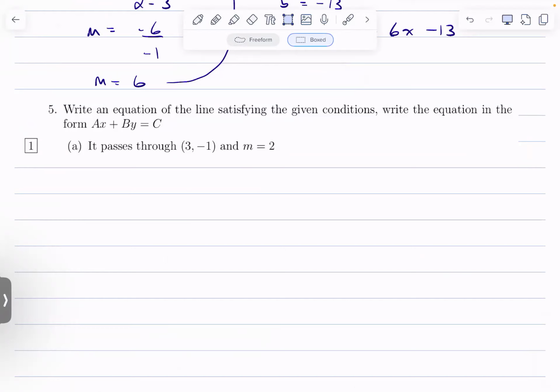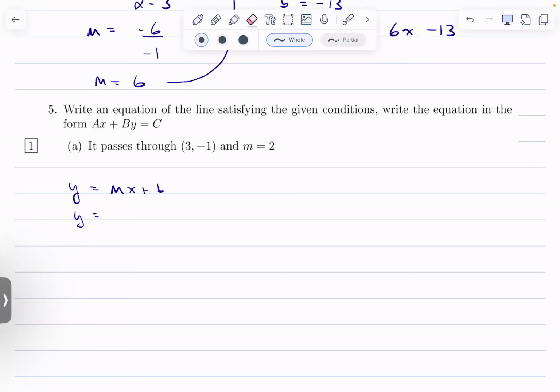Write an equation of the line satisfying the given conditions. Write the equation in the form ax plus by equals c. Right, so now in standard form. We can use our standard starting point, y equals mx plus b. And we're told that m is 2.